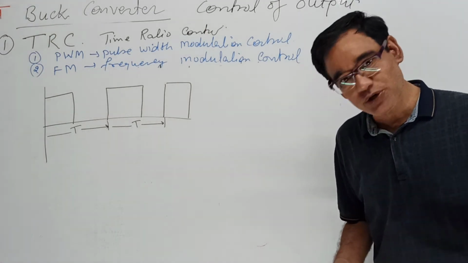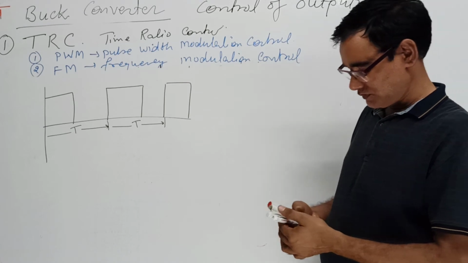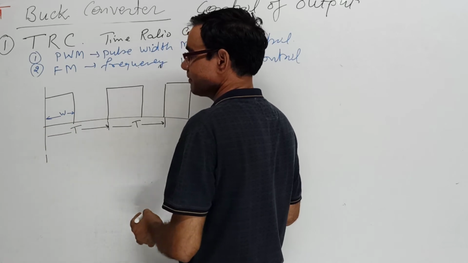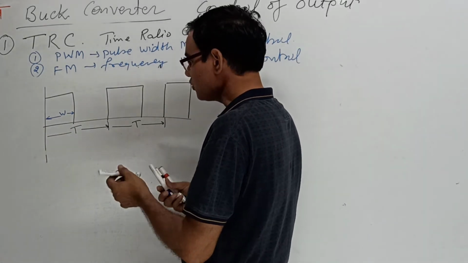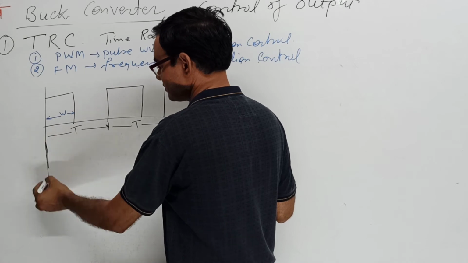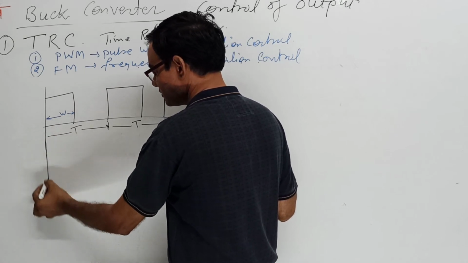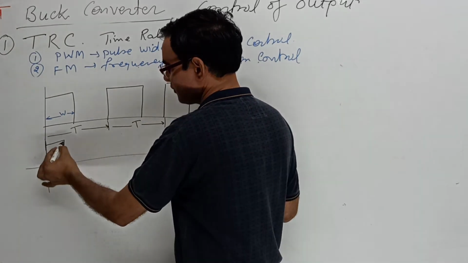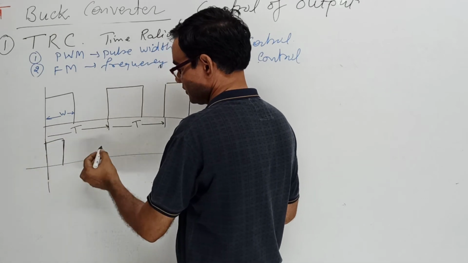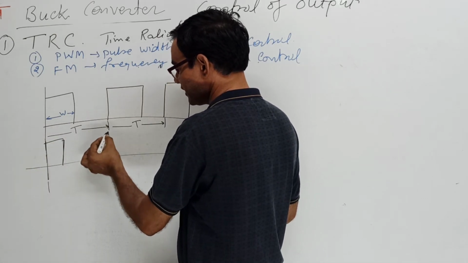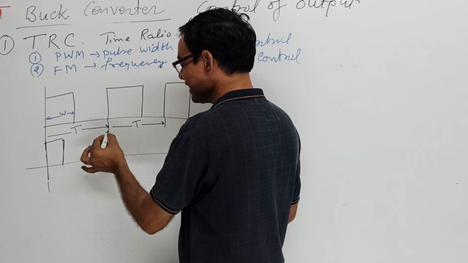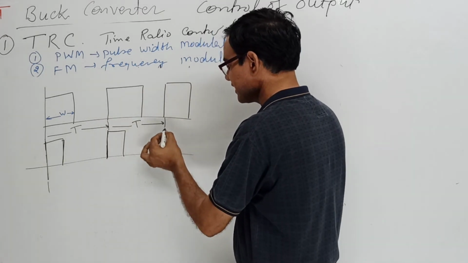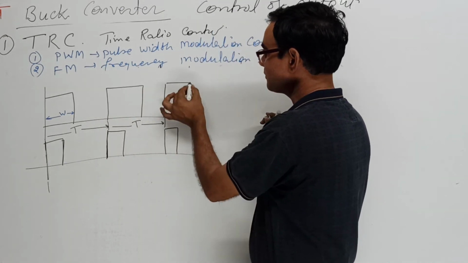If you want to decrease the voltage, where W is the width of a pulse, and a lesser output voltage is required, the width of the pulse is shorter. The total cyclic time remains the same, but the width of the pulse is smaller.